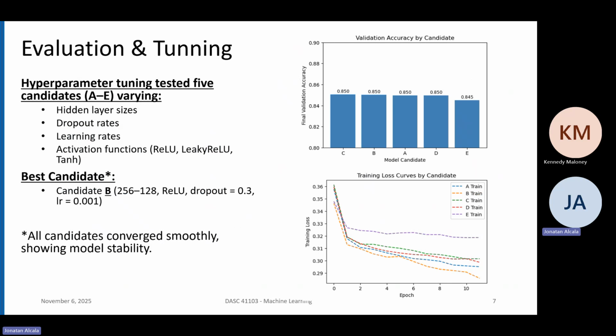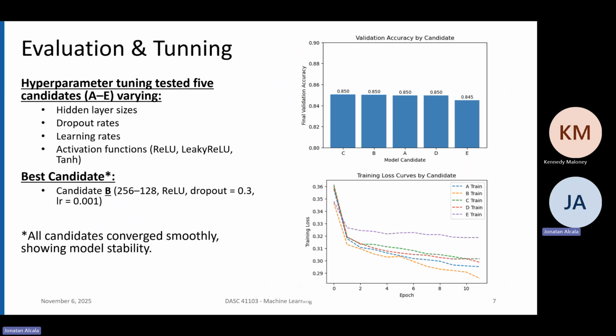Next, we performed hyperparameter tuning across five candidates, A through E. We varied four main parameters: hidden layer size, dropout rates, learning rates, and activation functions such as ReLU, leaky ReLU, and tanh. All models achieved strong validation accuracy between 84% and 85%, showing that our pre-processed pipeline is stable.